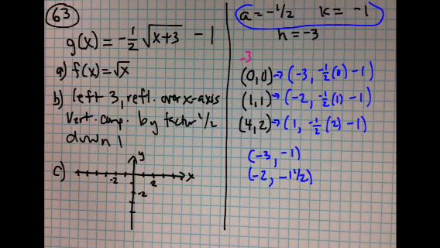So 1 goes with negative 2. These are the transformed points I'm going to plot: negative 3, negative 1; negative 2, negative 1.5; and 1, negative 2. So it goes this way.